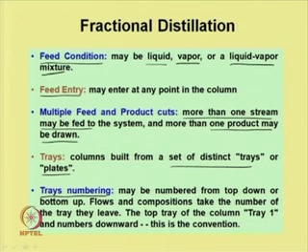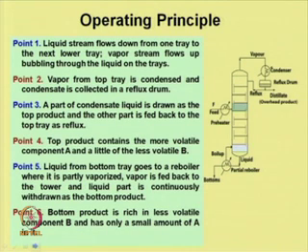The top tray of the column is called tray 1 if we number from top to bottom, and this convention we usually follow. Now, we will discuss how we can operate fractional distillation.